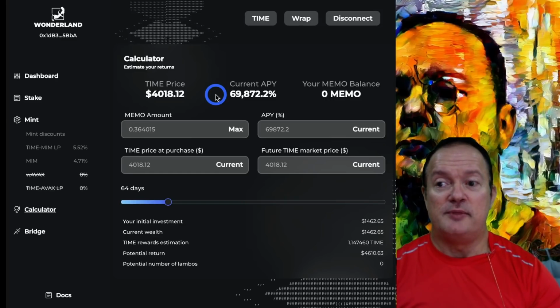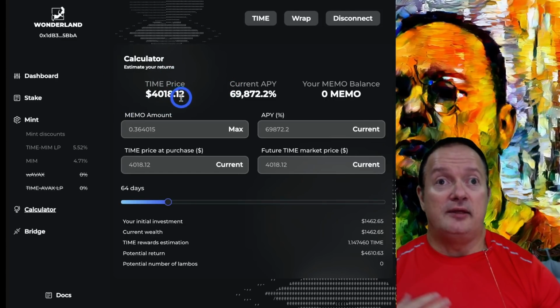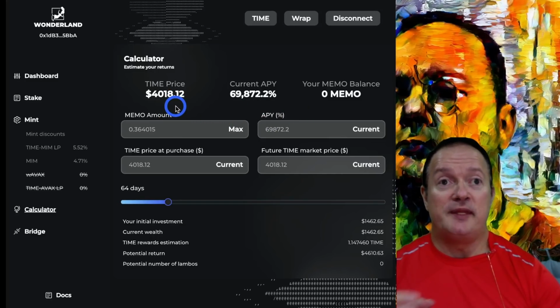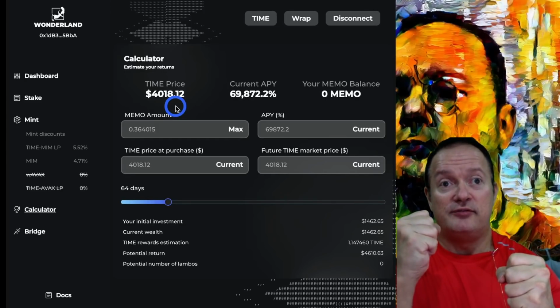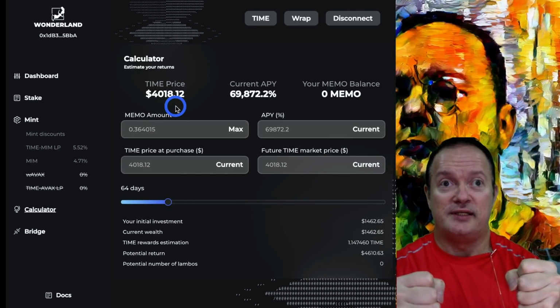So what we're doing basically is that we're taking the time token and we're converting it to MEMO and then wMEMO, and then we're splitting the token in two. And we have a yield token and we have an ownership token, okay?